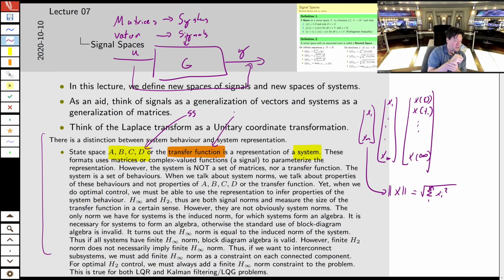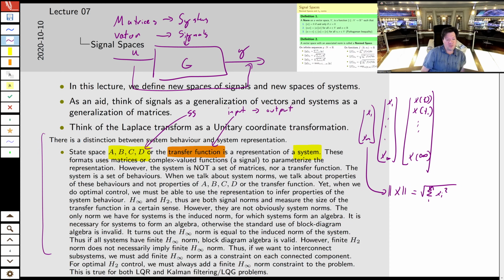And that's something we have to define more carefully later. And furthermore, the size of these matrices A, B can have absolutely no relationship to the size, say, of a system, right? To the gain from inputs to outputs or other properties of the system. Whereas the transfer function representation does have useful interpretation in terms of the properties of the system.